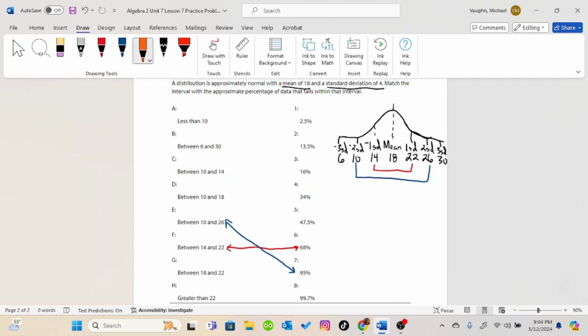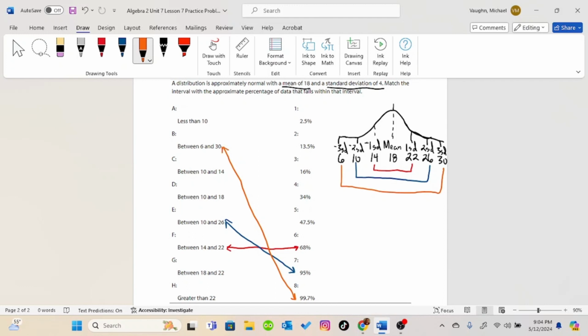And then finally we have the 99.7, which is 3 standard deviations below to 3 standard deviations above. So that would be choice B, between 6 and 30. Matches choice 8.